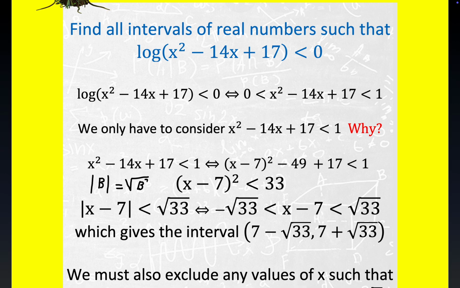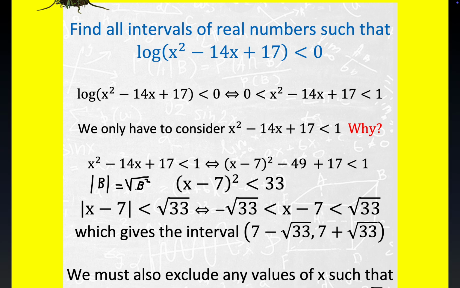So the absolute value of a real number b is the square root of b squared. And that's exactly what I've done here. I've replaced x minus 7 quantity squared, which resulted from the complete the square process, with absolute value, and then taken the square root of both sides. So you see, that's exactly what happened here.